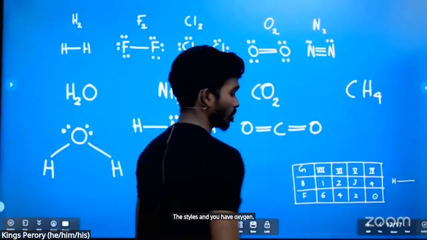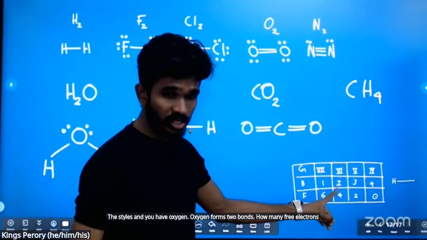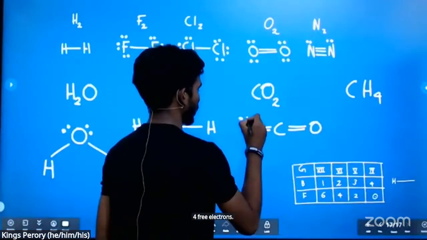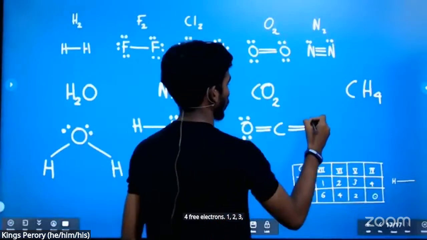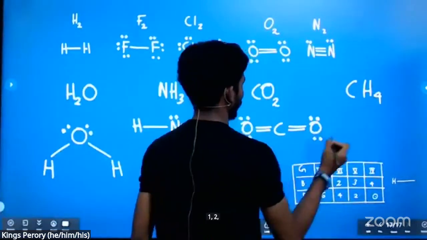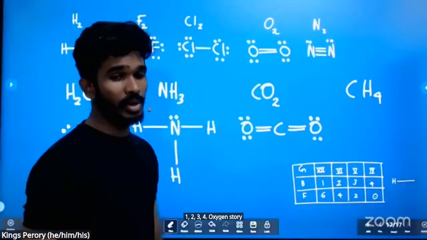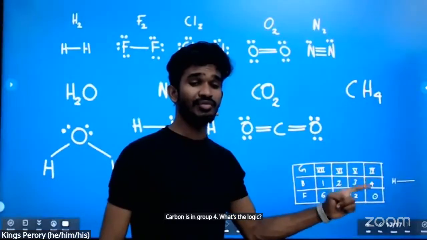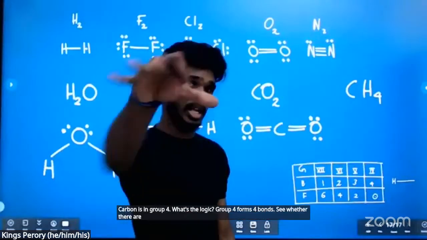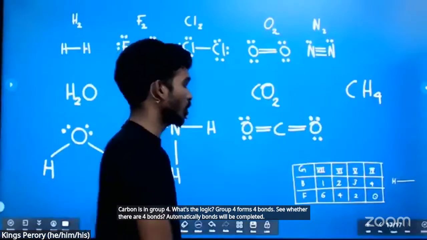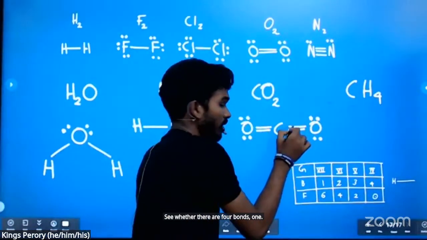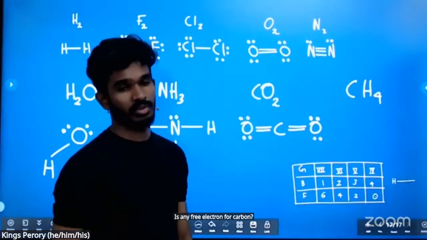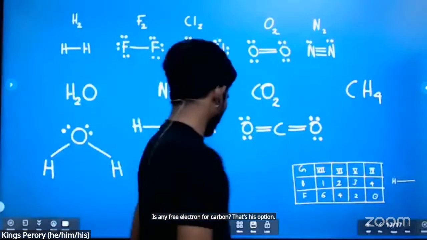How many free electrons are there for oxygen? 2 bonds gone, 4 free electrons. 1, 2, 3, 4. Oxygen story over. Come to carbon. Carbon is in group 4. What's the logic? Group 4 forms 4 bonds. Automatically bonds will be completed. 1, 2, 3, 4. 4 bonds are there. Is there any free electron for carbon? No. That's the structure.